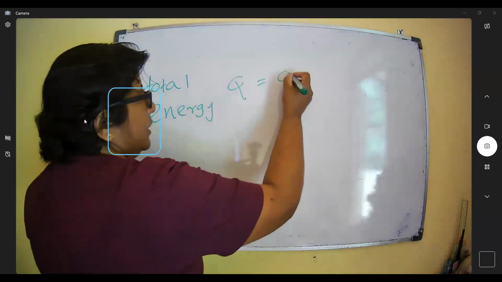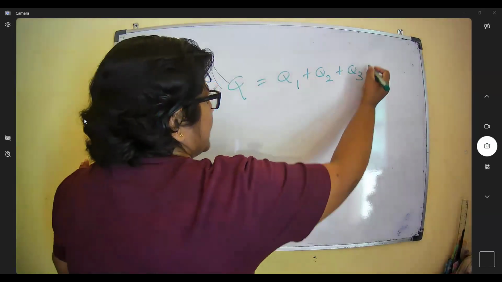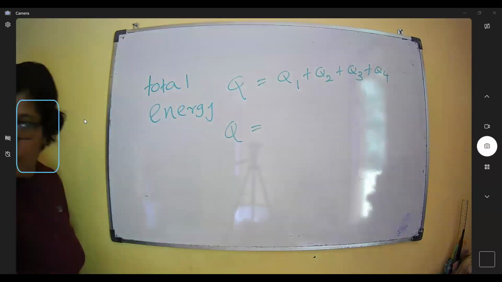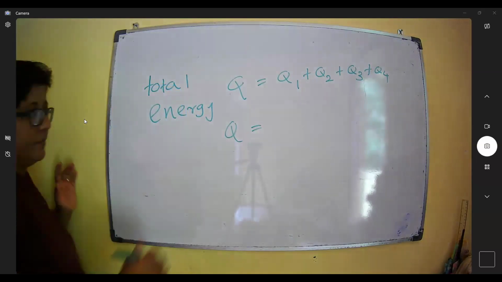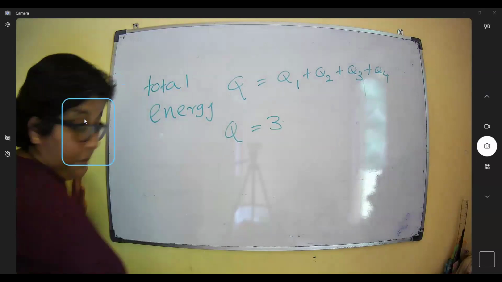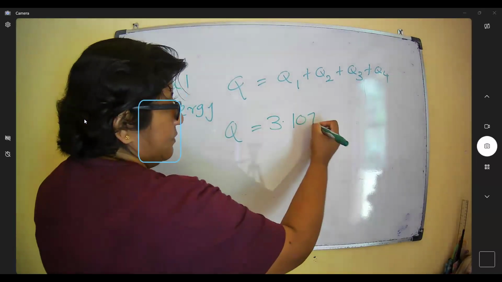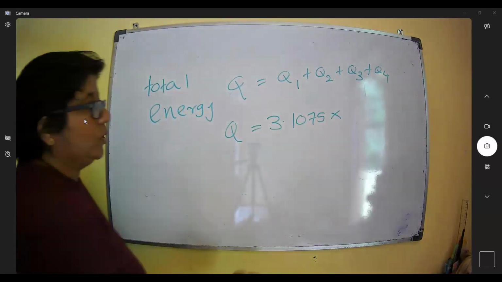Q is equal to Q1 plus Q2 plus Q3 plus Q4. Then you add all the steps, all the energies, right? And Q is equal, after calculating, then you can check with my answer, 3.1075 × 10^6 joule.